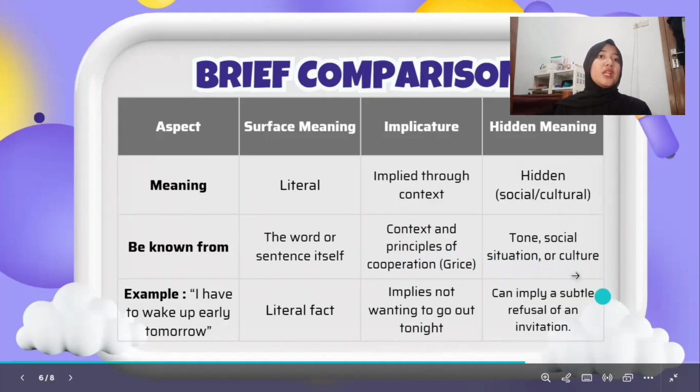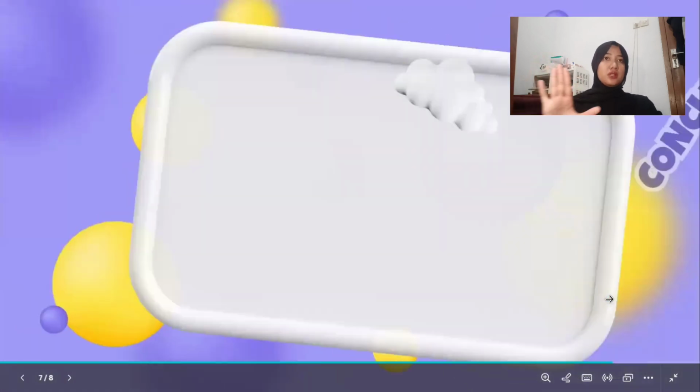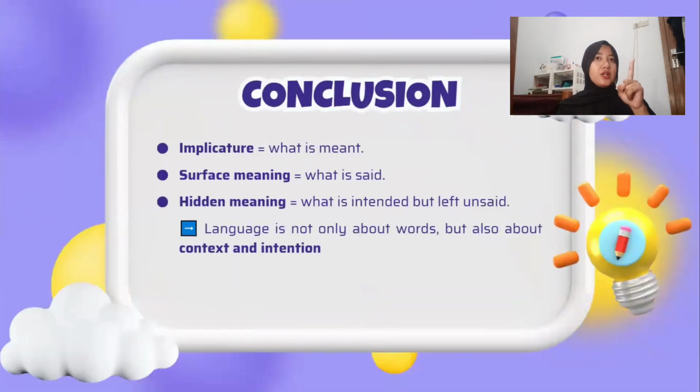And the hidden meaning is that it can imply a subtle refusal of an invitation. So the conclusion is implicature is what is meant, surface meaning is what is said, while hidden meaning is what is intended but left unsaid.